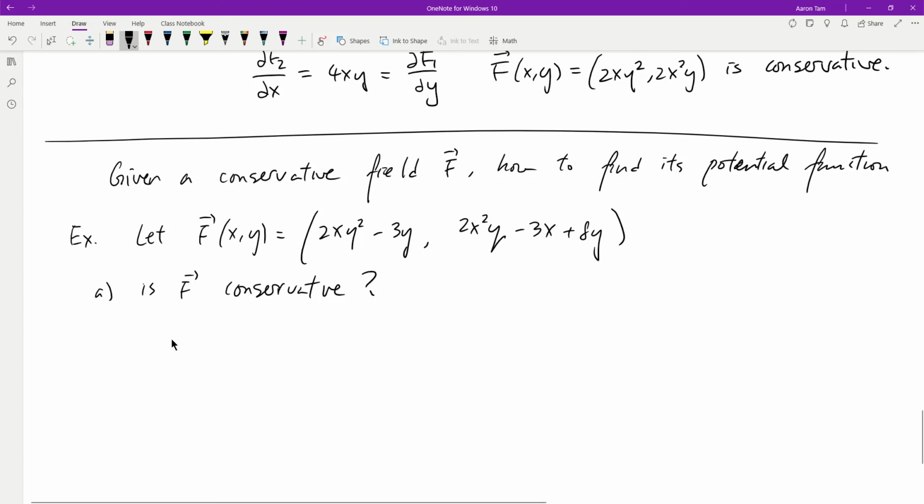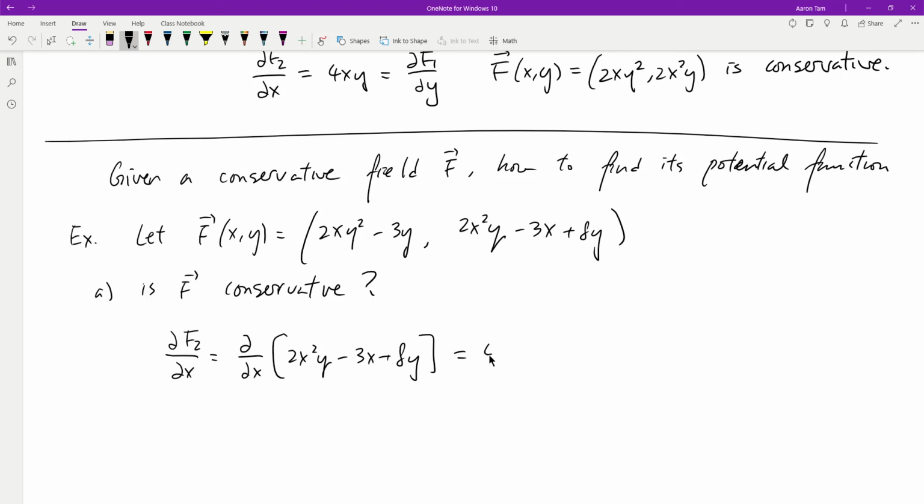In this case, I'm going to do df2 over dx, which is d over dx of 2x squared y minus 3x plus 8y, which comes out to be 4xy minus 3. And we're going to do df1 over dy, which is d over dy of 2xy squared minus 3y, and that comes out to be 4xy minus 3 also.